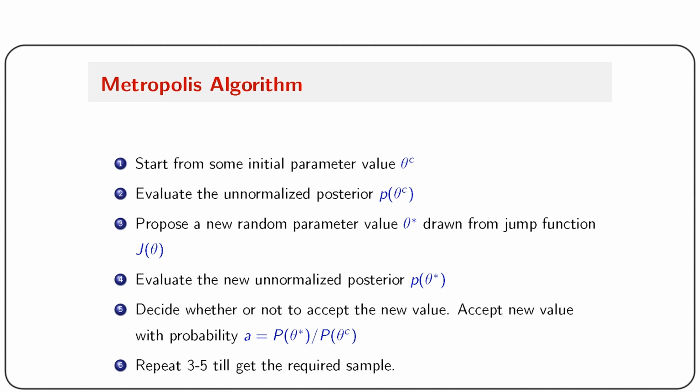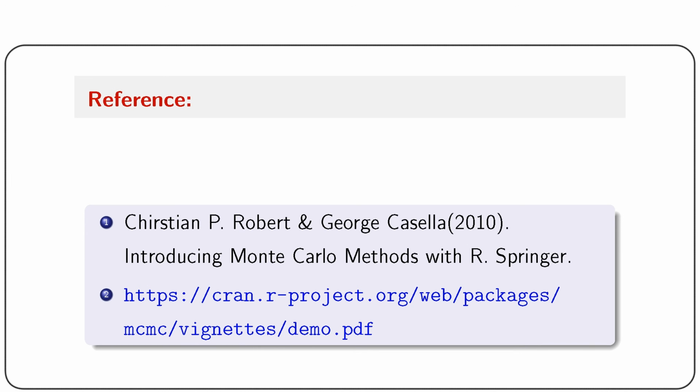Decide whether or not to accept the new value. Accept the new value with probability a equals p of theta star over p of theta c, and repeat the third to fifth steps till the required sample comes. So this is the algorithm for the Metropolis sampling method.